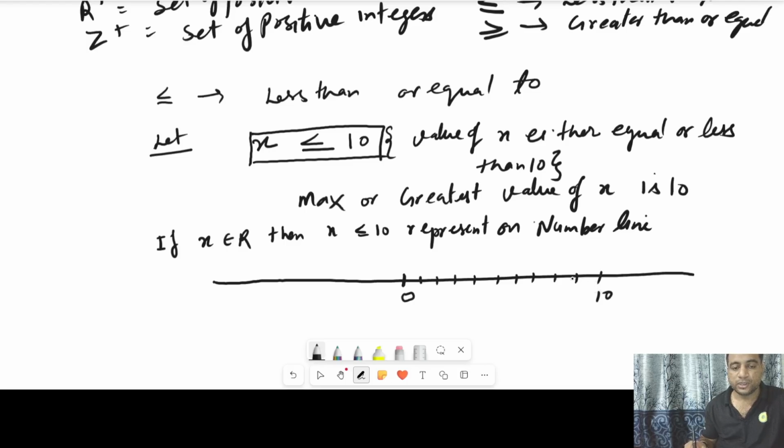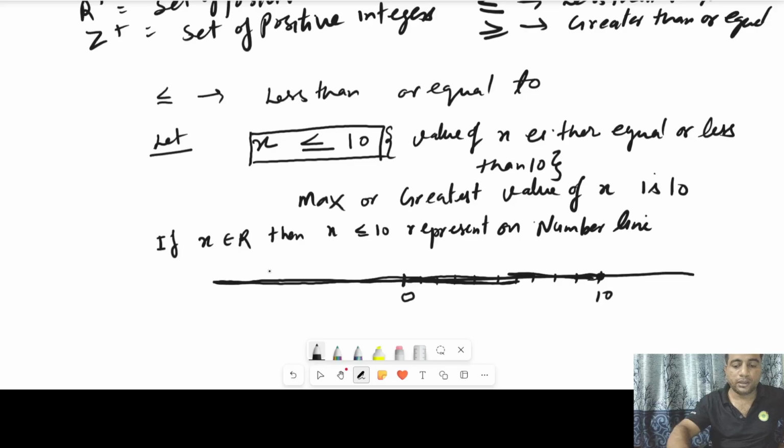Let this be 10. All real numbers less than or equal to 10 will be included on the real line. x less than or equal to 10 means 10 must be included. So this is the representation on the real line, or number line.